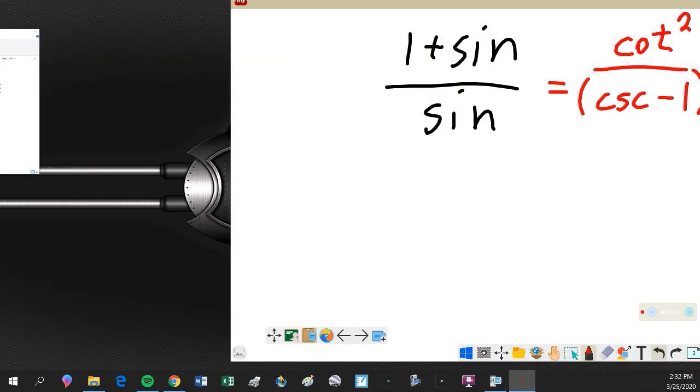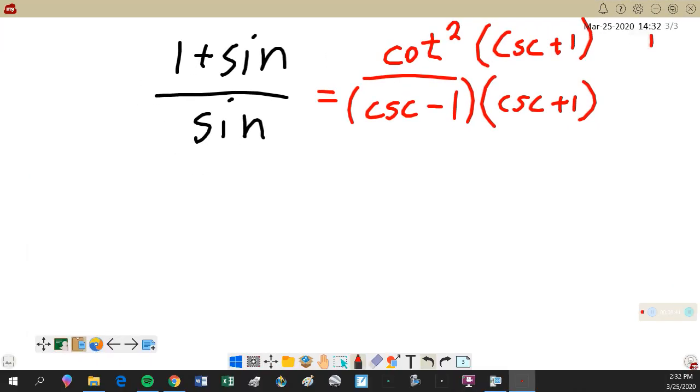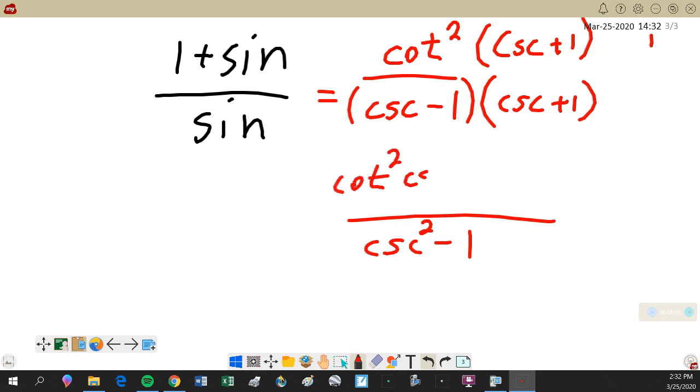I did it again. Gotta be careful not to touch the toolbar. All right, so the denominator, difference of perfect squares. Denominator gives me cosecant squared minus 1. And the numerator is going to be cotangent squared cosecant plus cotangent squared.